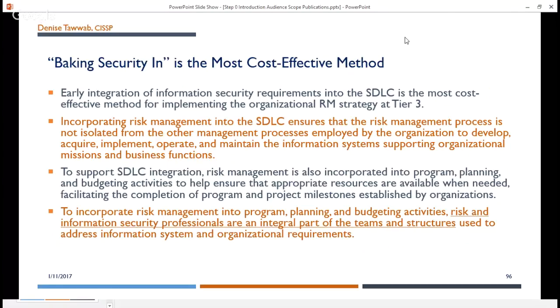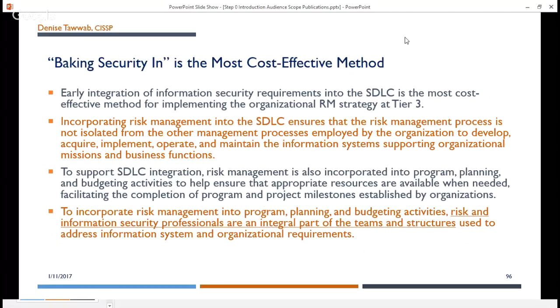Incorporating risk management into the SDLC ensures that the risk management process is not isolated from the other management processes employed by the organization to develop, acquire, implement, operate, and maintain the information systems supporting organizational missions and business functions.